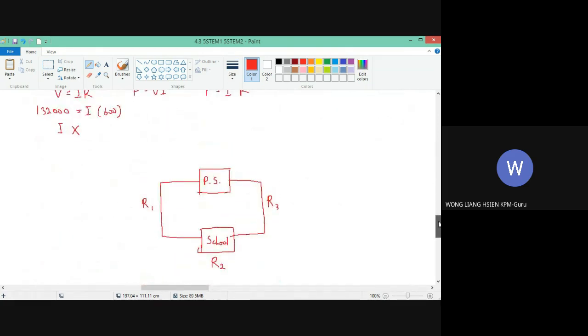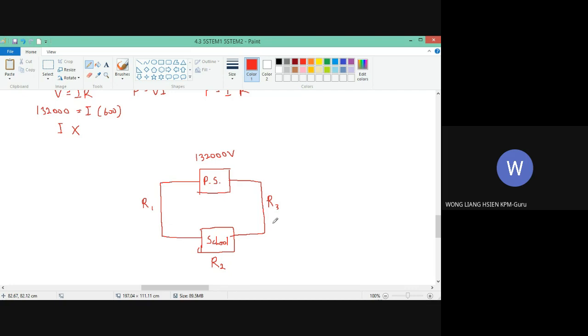If this power station produces 132,000 volt or 132 kilovolt, then the resistance in the cable, the resistance in the school, and the resistance in the cable, all of these are connected in series.